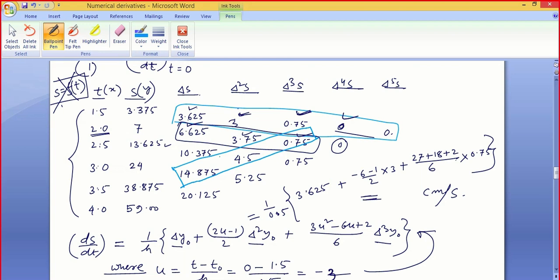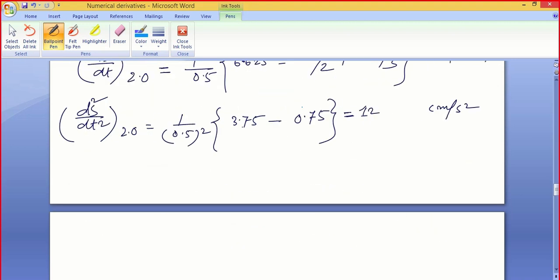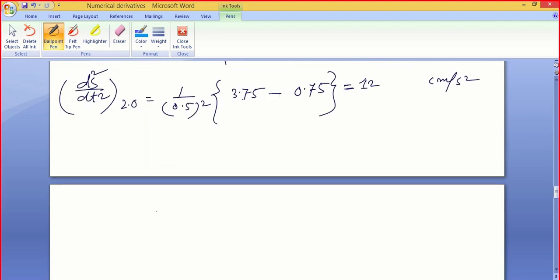Okay. 14.875, 4.5, and 7.5. These three values, for remembering purpose, I am writing: 14.875 plus difference value 4.5, second difference, third difference.